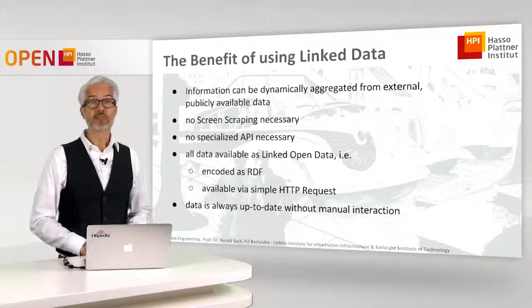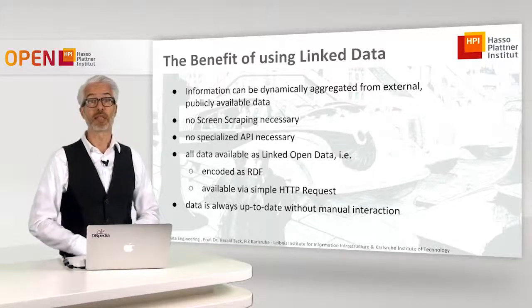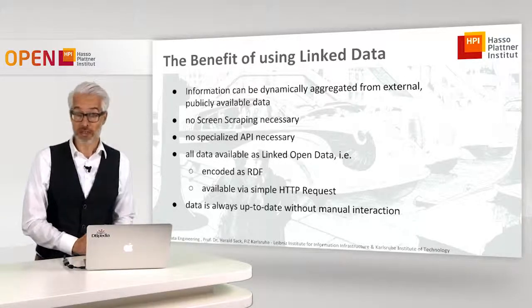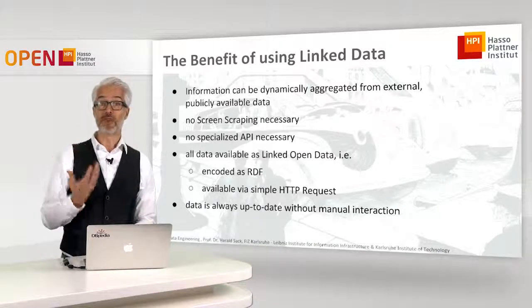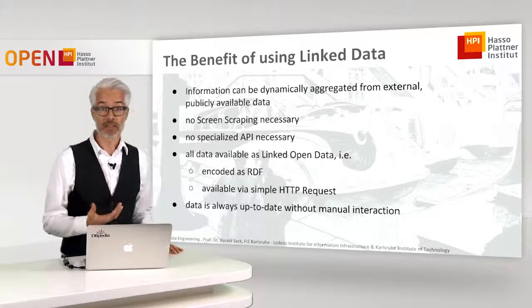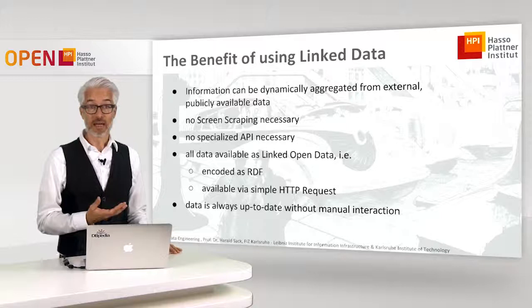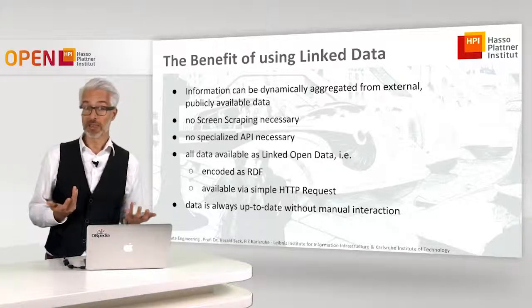But what's the benefit of using linked data? We have already talked about this in the very first lecture. You don't have to rely on screen scraping to get any data from the web. If you already have linked data available, your information can be dynamically aggregated from external and publicly available sources. And then, of course, you do not need a specialized API, application programming interface, for that.